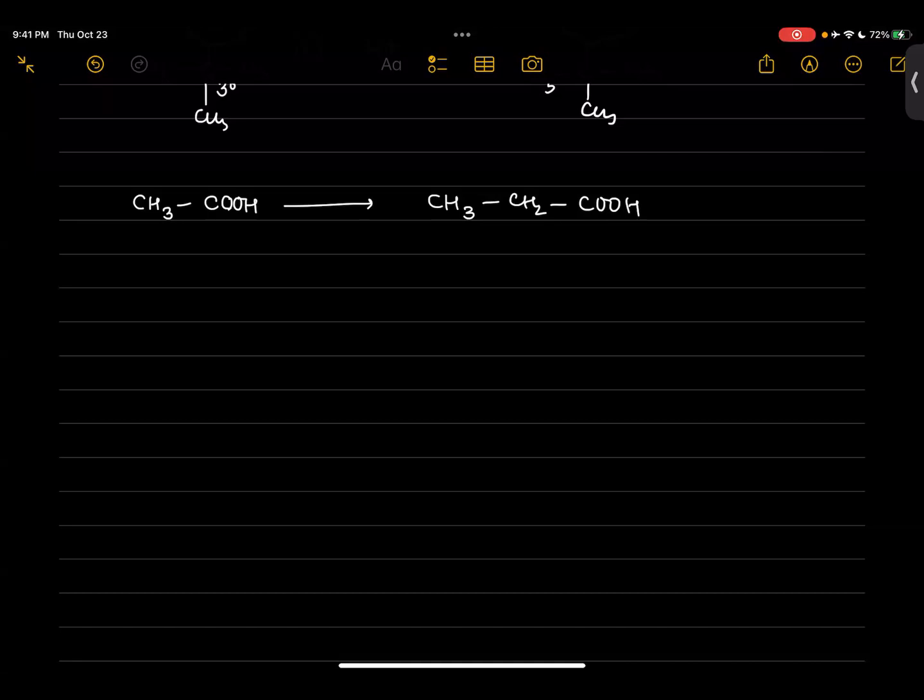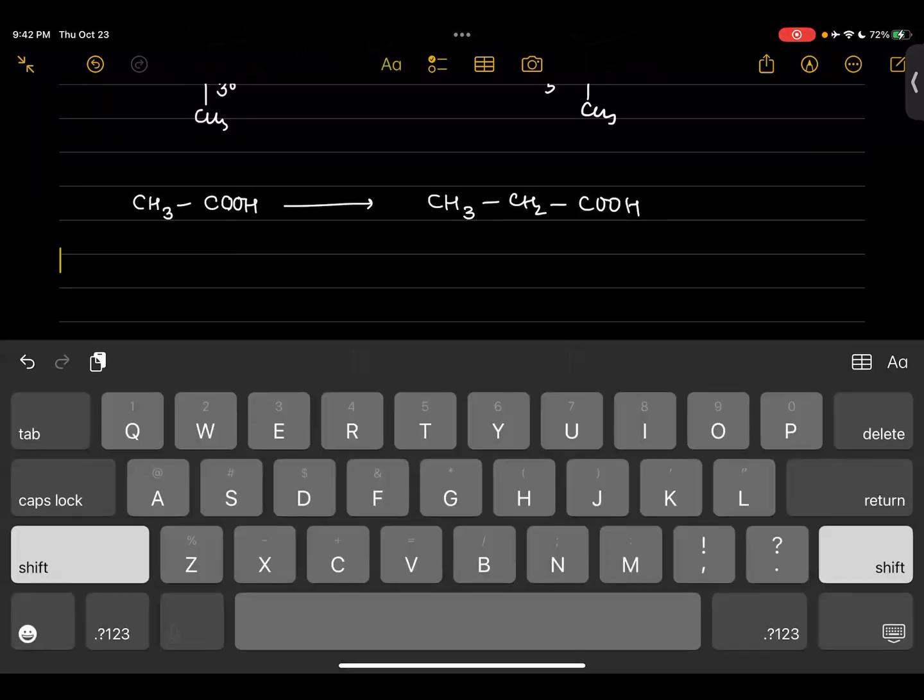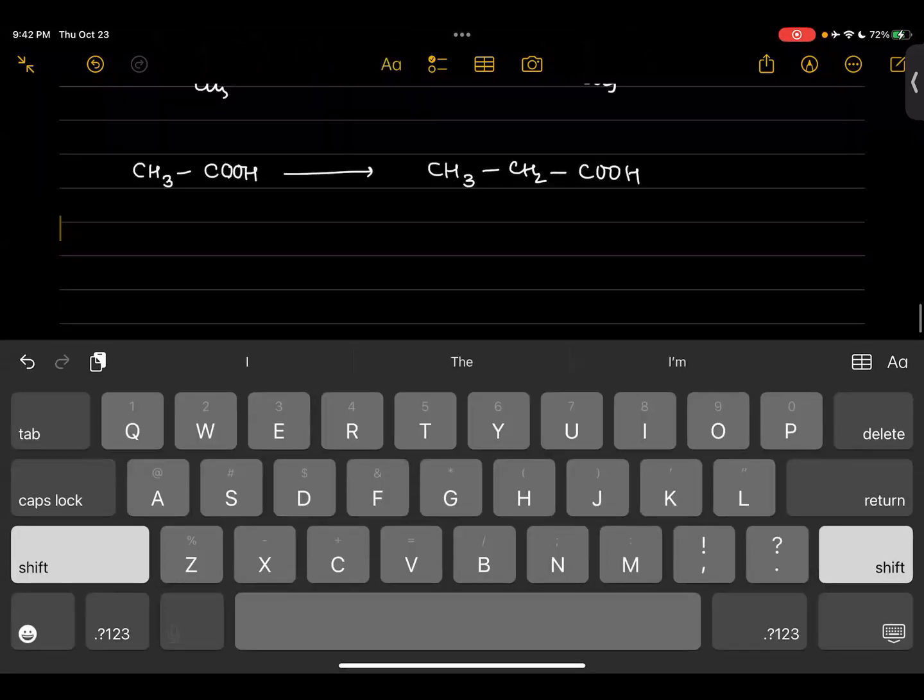So first we need to put that extra carbon, and once you put that extra carbon, then you can oxidize that carbon to carboxylic acid. Is that clear? Any doubts on this?